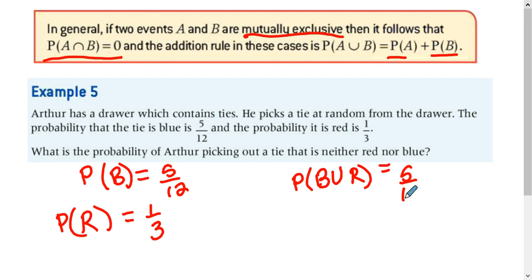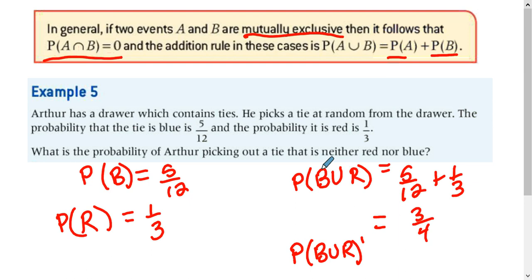So 5/12 plus 1/3, yep, which is 3/4. Now instead of one of them being red or blue, I want the probability of them not, which means I want to find the probability of this complement, which is 1/4.